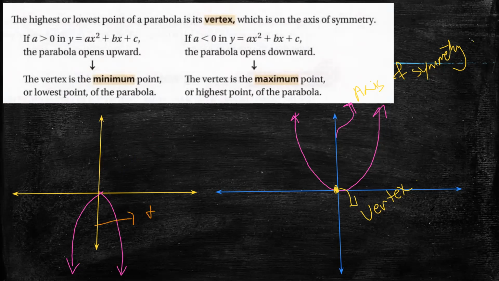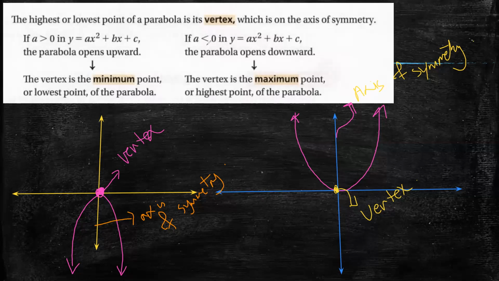This is the axis of symmetry. Now, both of them are U-shaped and have an axis of symmetry. Now, the lowest point on the pink U-shape, or on the pink parabola, is a vertex. And this point, the highest point on this U-shape, also is a vertex. So a vertex is the highest or the lowest point of the parabola.